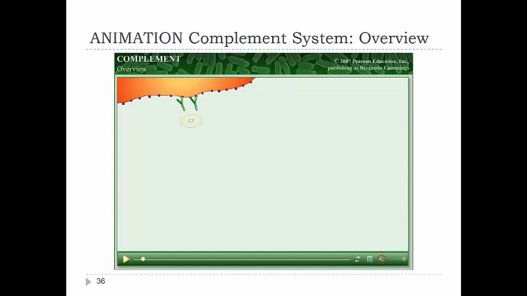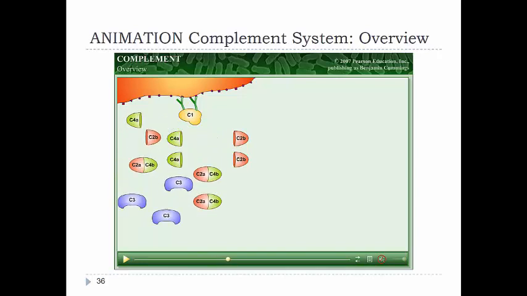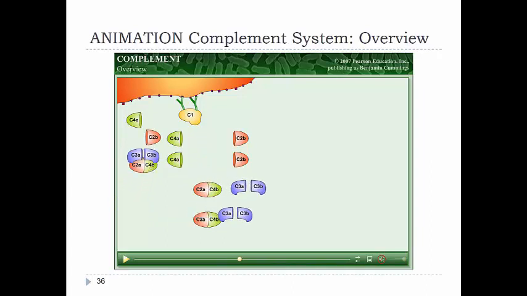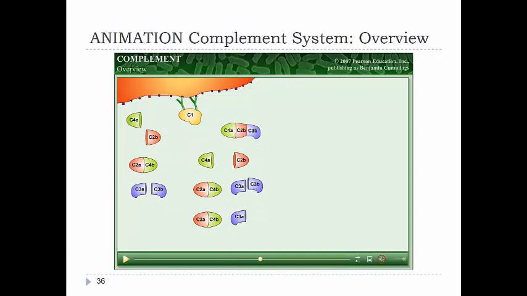Now in this process, C1 gets activated by these antibodies, and C1 will cleave C2 and C4. C2A and C4B bind together to actually produce the next molecule that does a job. It's going to then interact with C3, which it breaks into C3A and B. C3A and B can actually do jobs, but first let's say what else they do.